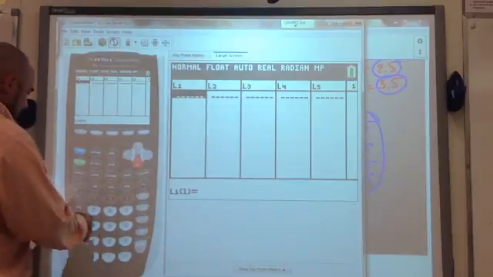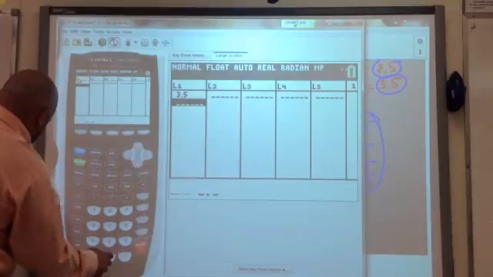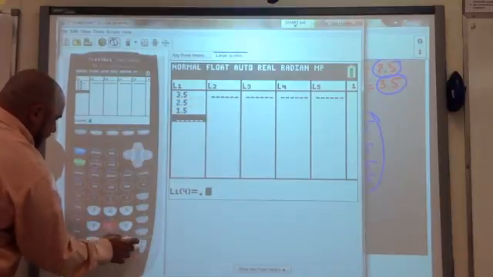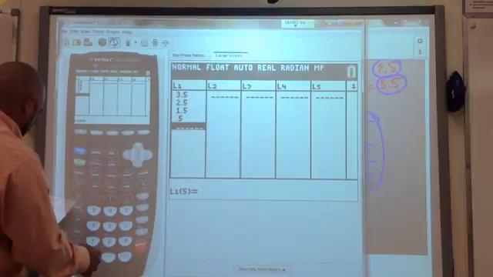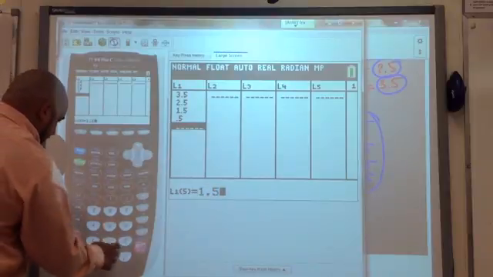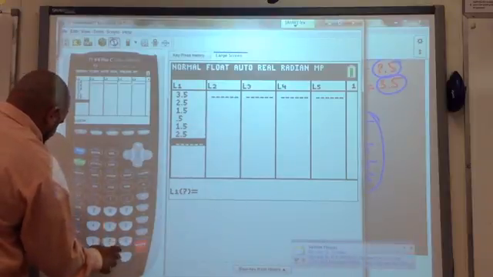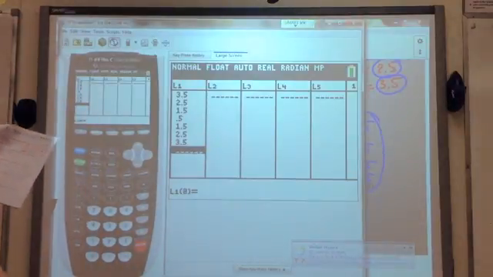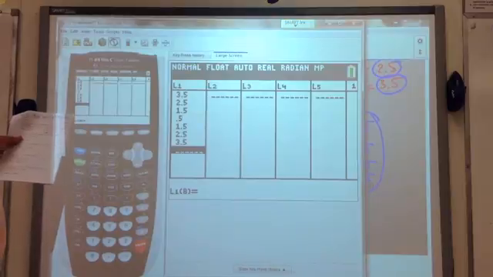And so I'm going to put my numbers in: 3.5, enter, 2.5, enter, 1.5, enter. If I make a mistake, let me know. Then I have 1.5, enter. Is that them? So 3.5, 2.5, 1.5, 0.5.